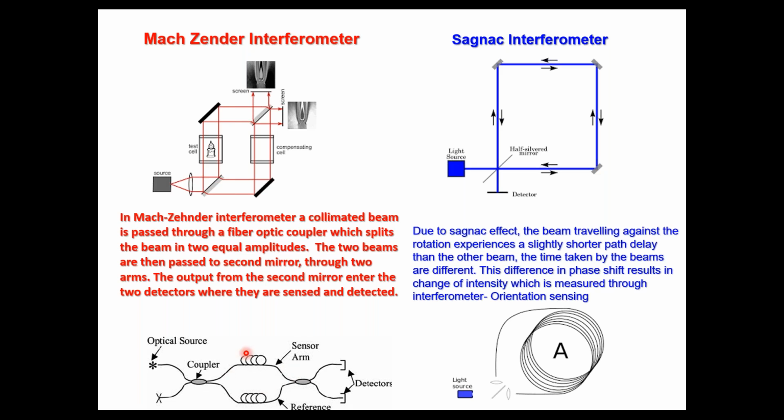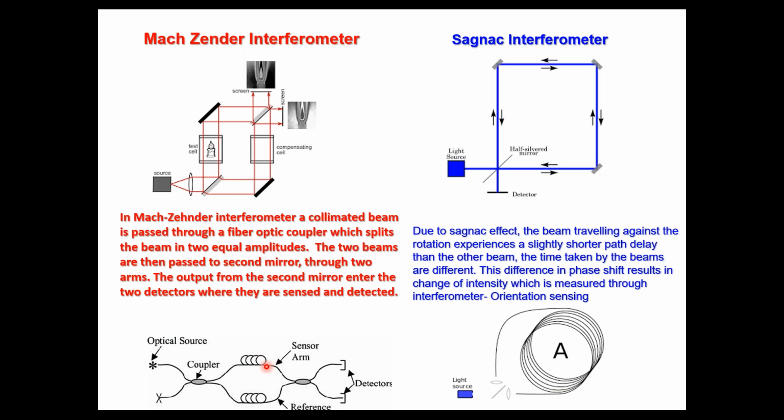The two beams are then passed through the two arms. Usually one of the arms is called a sensing arm, the other one is a reference arm, and the reference arm will be completely isolated from the external perturbations, but the sensing arm is open to interact with the external parameters.